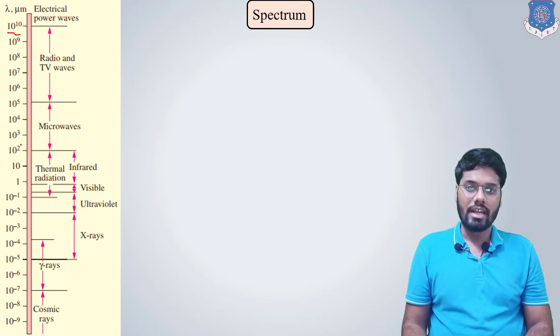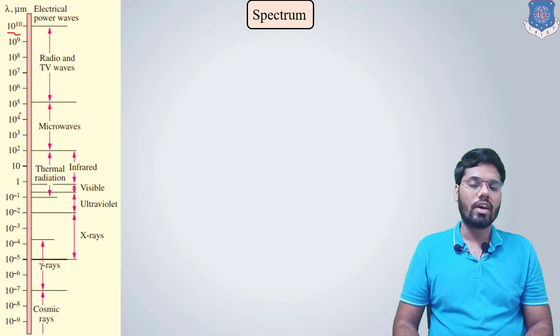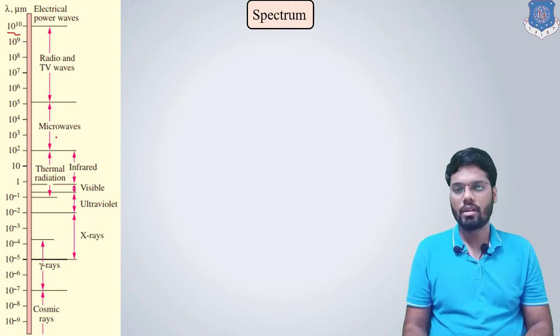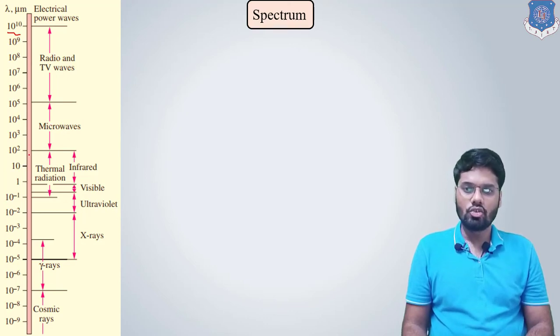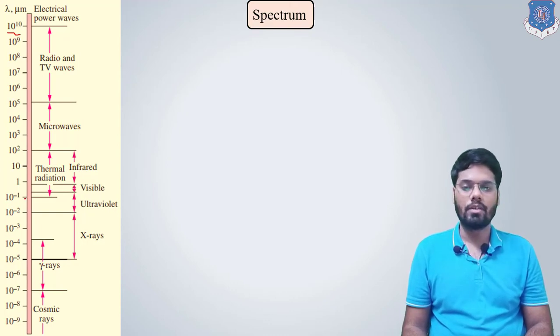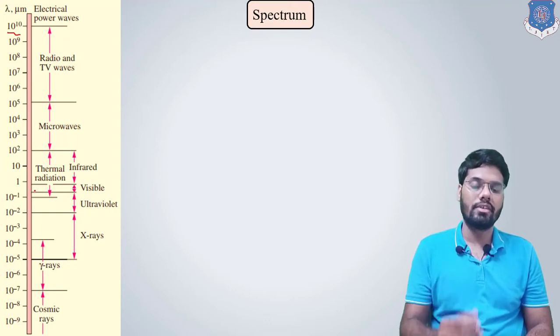The wavelength of 10 raised to 2 to 10 raised to 5 is known as microwaves, which is the kind of electromagnetic wave used in microwave ovens. From 10 raised to 2 to 10 raised to minus 1, it is thermal radiation, which we are going to study in our heat transfer subject.